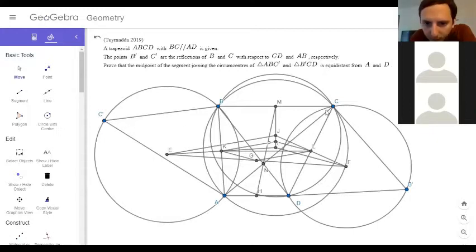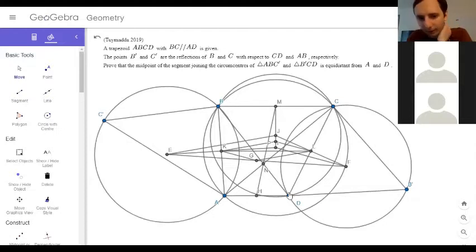So PB equals PC. Yeah, I agree, we reflect P across the midpoint of KL and we get G, but then why does that mean GA equals GD?